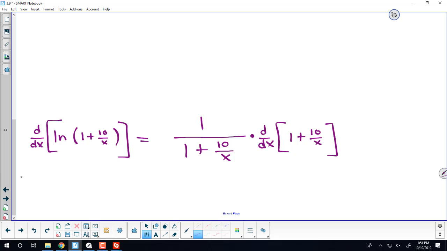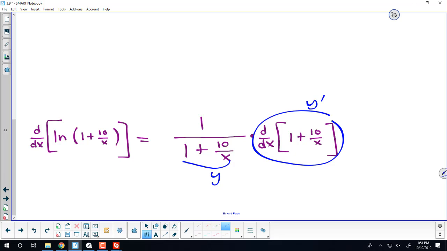So is everyone okay with this? I know it looks different, but in all honesty, if you want to think about this right here, that's your y prime, right? Because that's the derivative of this thing here, and this is your y. So you have the y prime over the y.